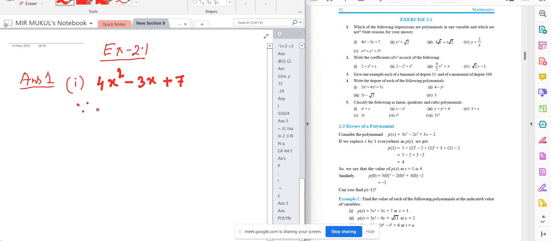Since all coefficients, that means a_i, belong to real numbers and the power of the variable, that is n, belongs to whole numbers, so we can say that it is a polynomial.